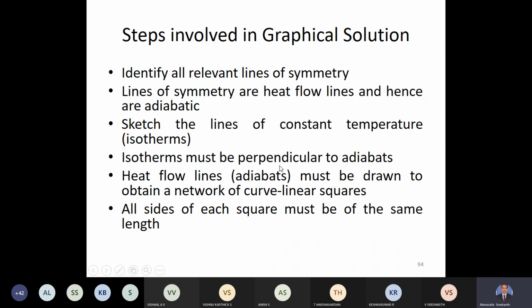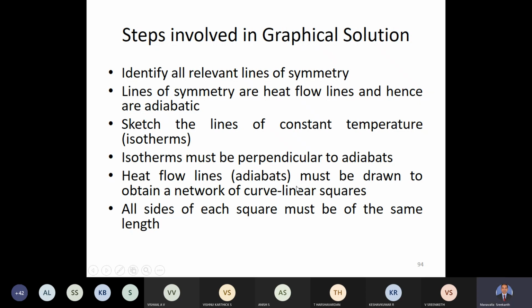Isotherms must be perpendicular to the adiabats. So first identify the symmetries. Symmetries will tell you where things are adiabatic, that means where heat flow is zero. Then draw the constant temperature lines, and make sure that the isotherms are perpendicular to the adiabats.